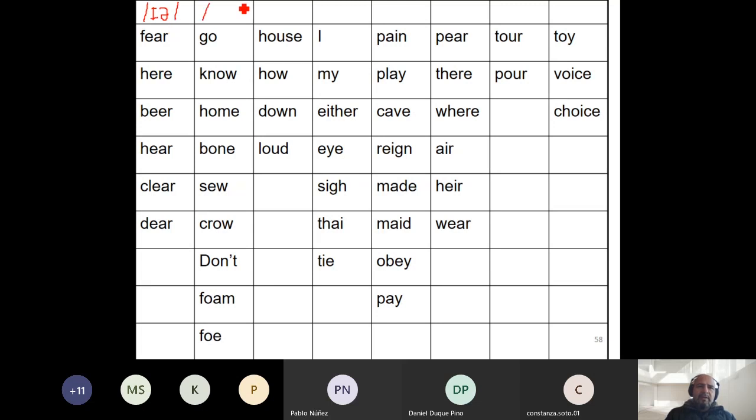What about the second column? Which diphthong should we include here? The schwa with the U. Schwa with the U, all right, wonderful. What about the second one? Come on, guys.